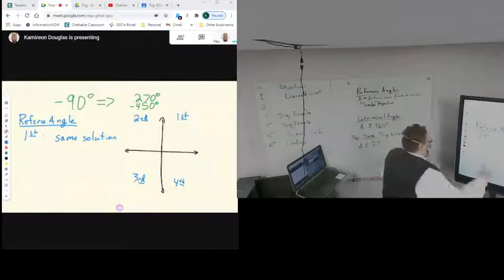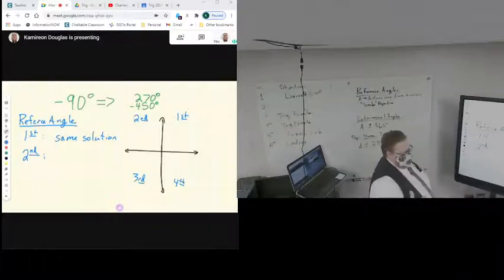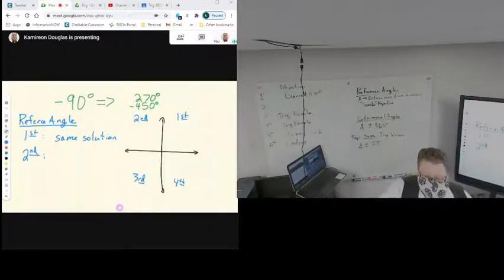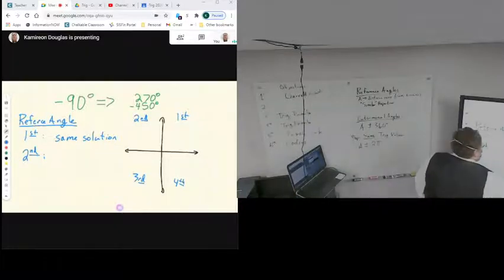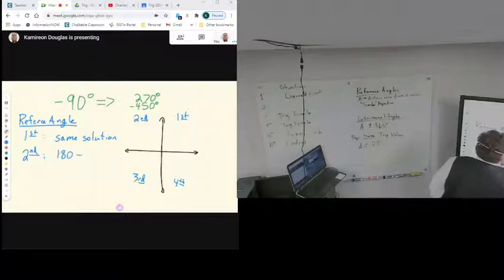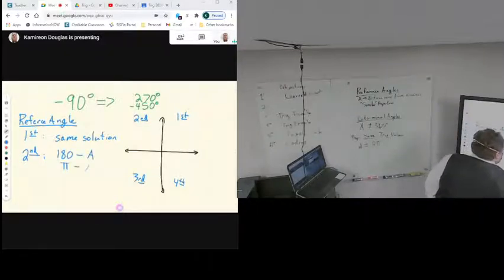In the second quadrant, and again, this is a general formula. For some, it's easy to just do it mentally like we did last time. For others, this formula can be a good fallback plan. In the second quadrant, you either take 180 minus our angle, or we take pi minus our angle.